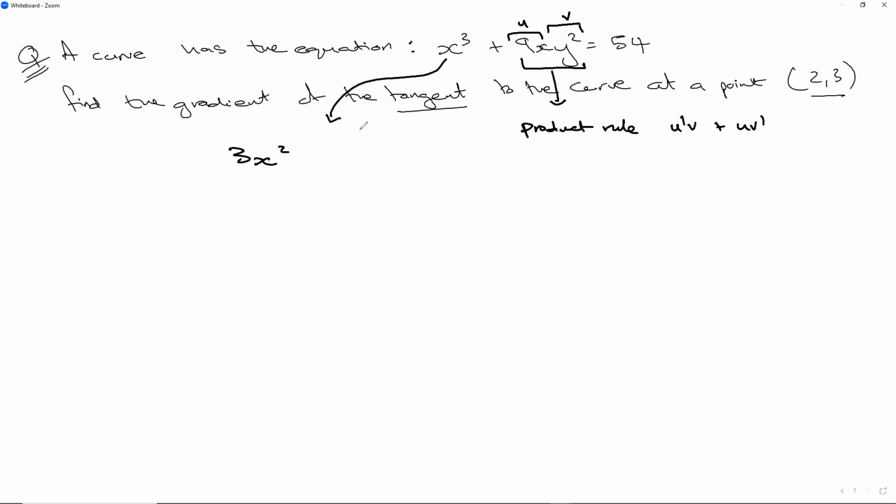If I do that in one step, u dash is 9, v is just y squared. u dash is 9x derived.